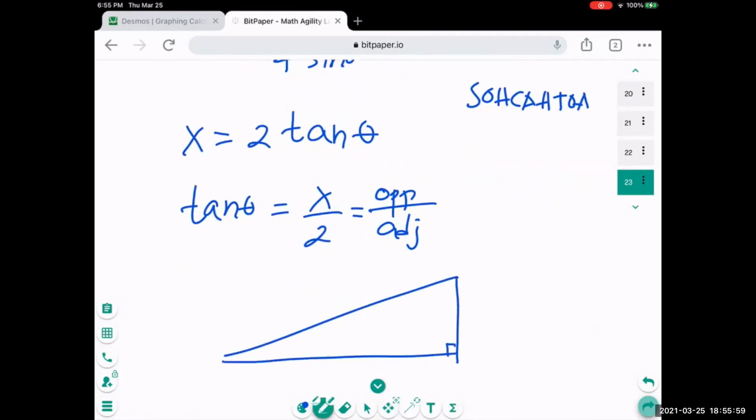Here is the 90 degrees, here is theta. The opposite is x and the adjacent is 2. To calculate the hypotenuse, the third side, that would be the square root of x squared plus 4, right? Correct?